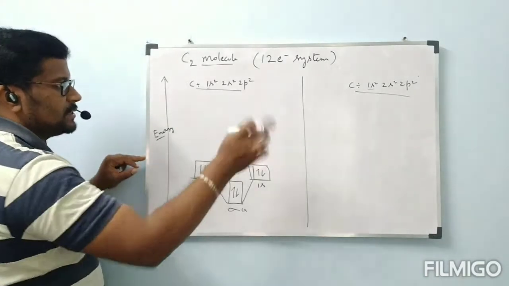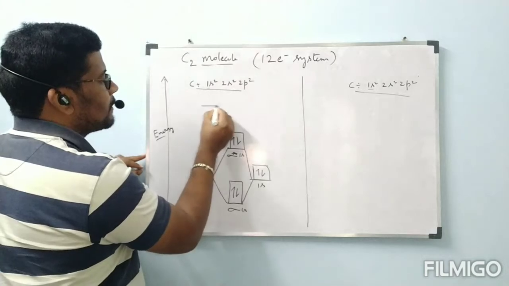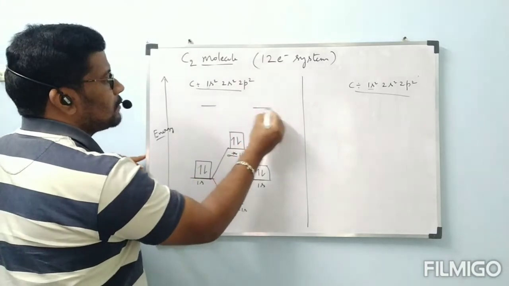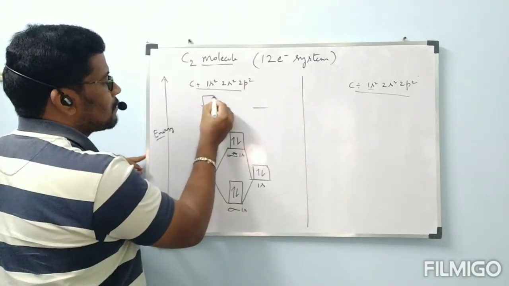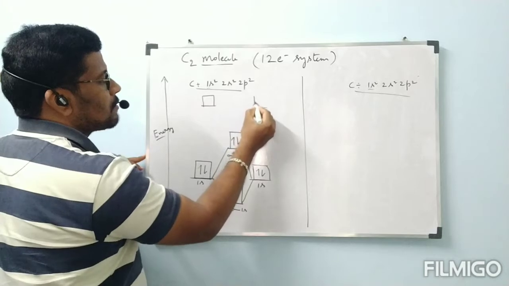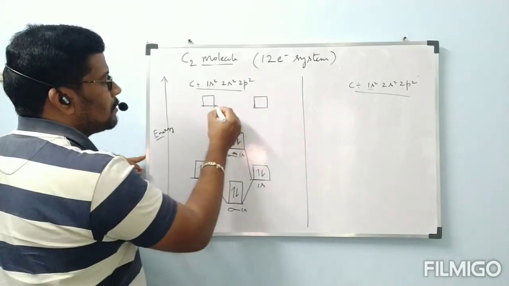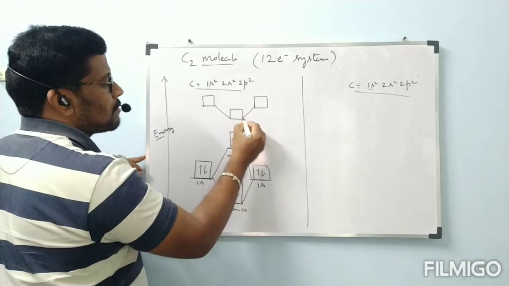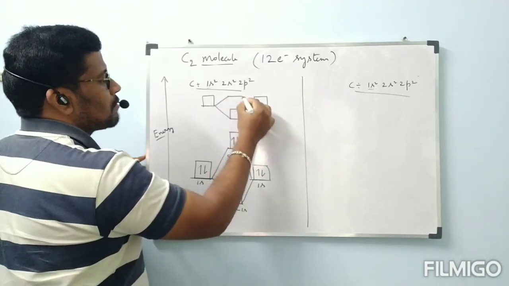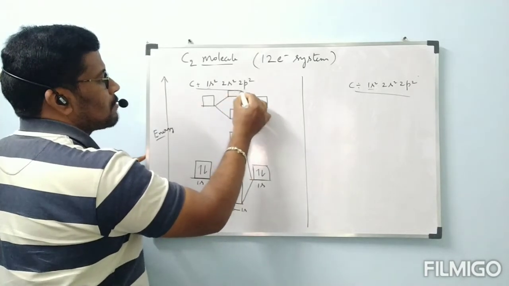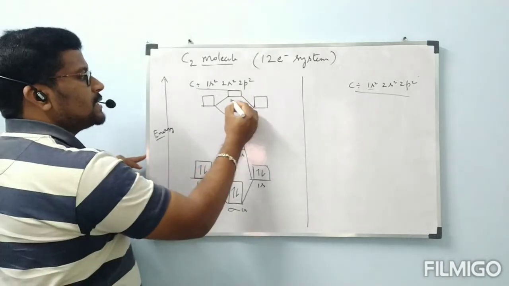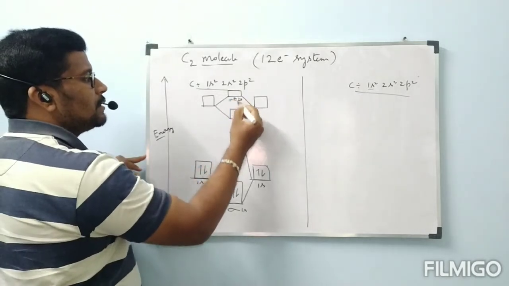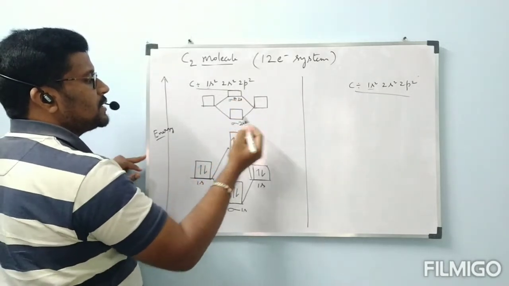Next, coming to 2s. This is sigma star 2s. This is sigma 2s.